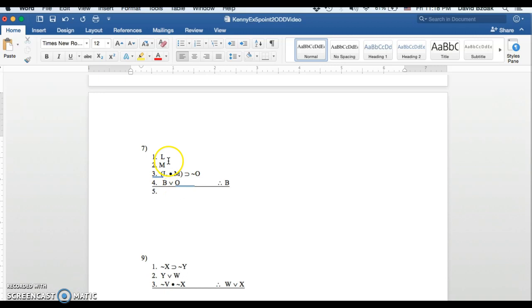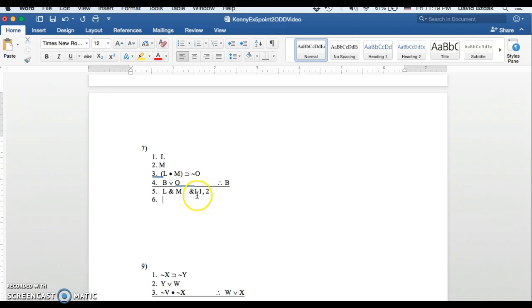We don't have that. We do have L by itself and M by itself, so we can put those together using the conjunction introduction rule. Right? Line 1 is L, line 2 is M, so the conjunction introduction puts those together into a conjunction.